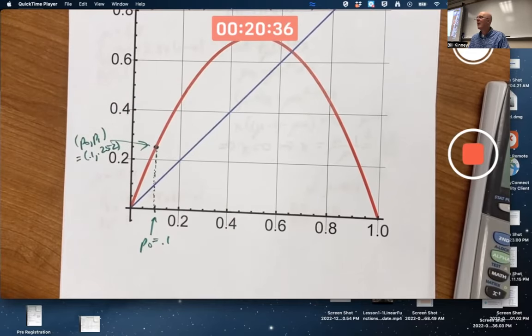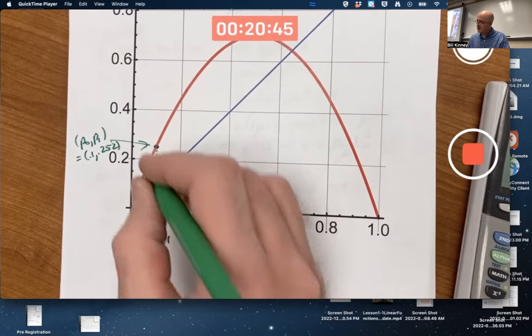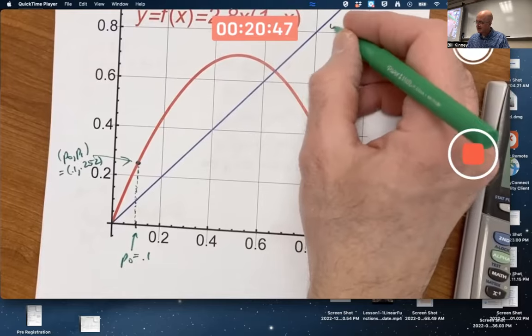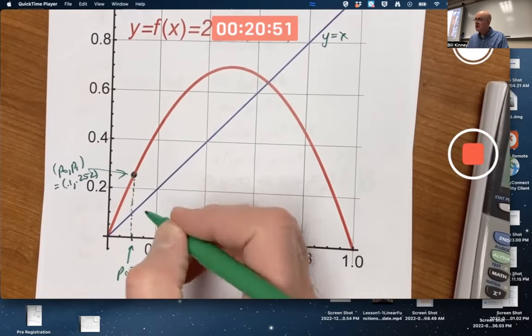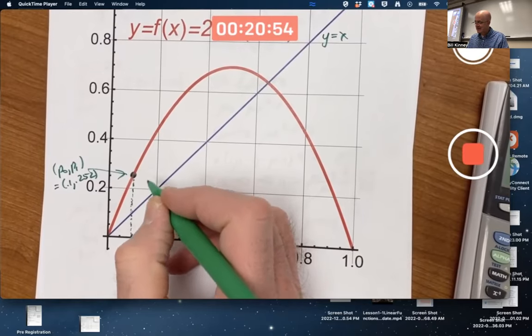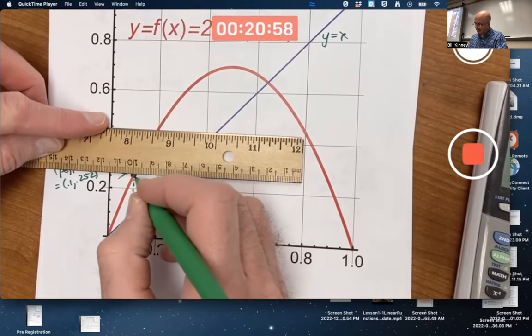A nice way of continuing the diagram here is to not go down here to 0.252 and then go up to the red graph, but to use the line y equals x, in fact. When you're at this point, go horizontally to that line y equals x. Now I'll use my straight edge.